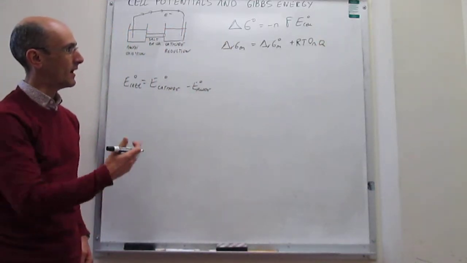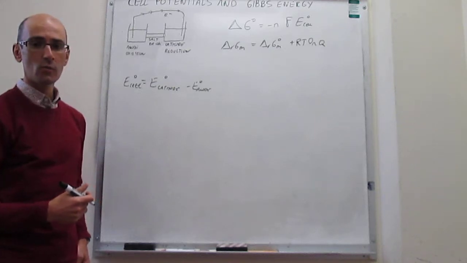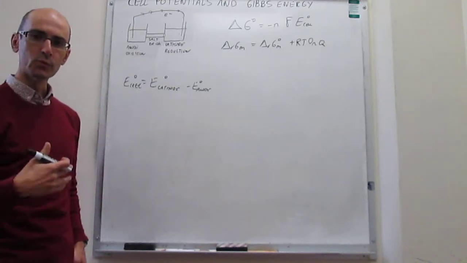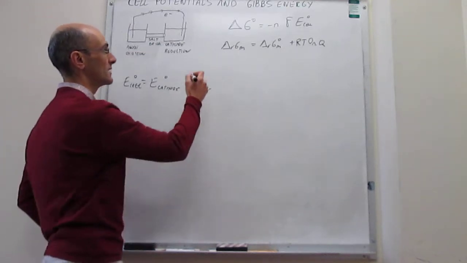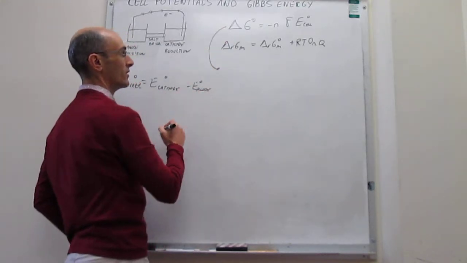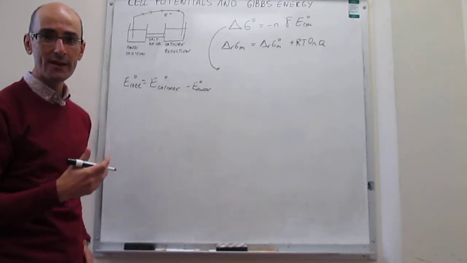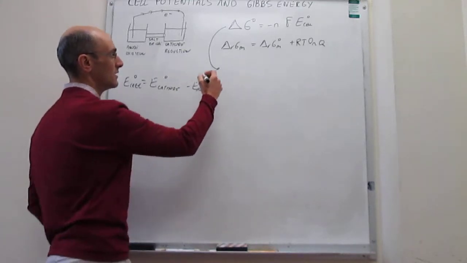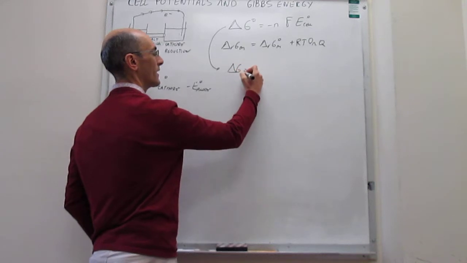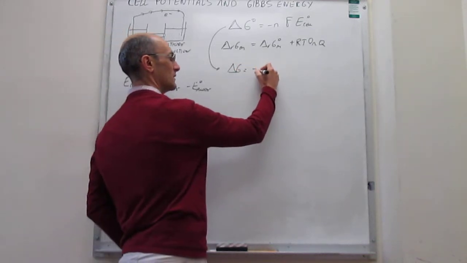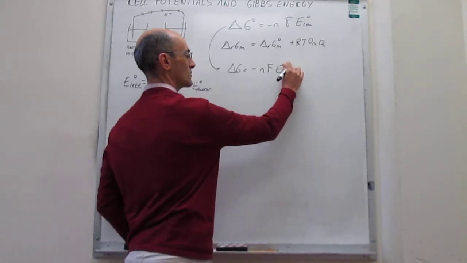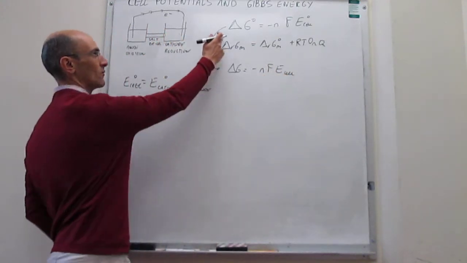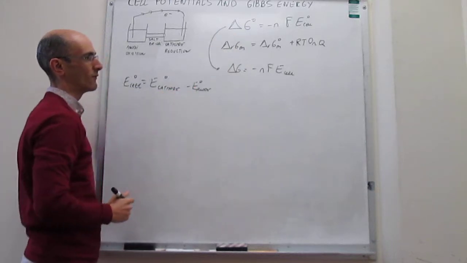Taking a cue from this, we can see how this works with cell potentials. If we're working not at the standard state but under any conditions, the Gibbs energy for that electrochemical reaction would be minus NF times the potential of the cell under those conditions. That follows naturally from the expression we have right there.